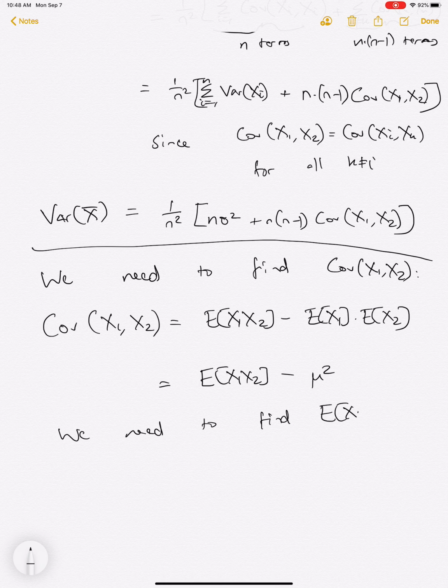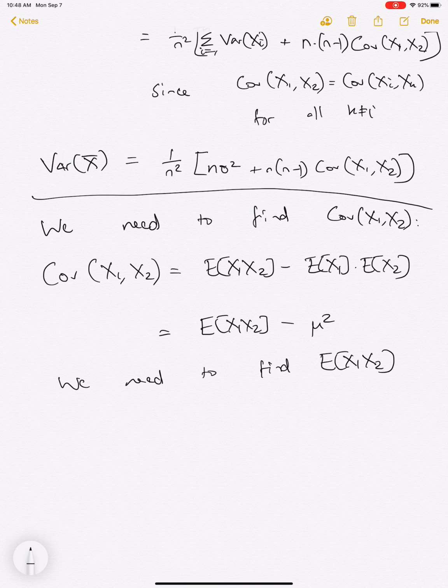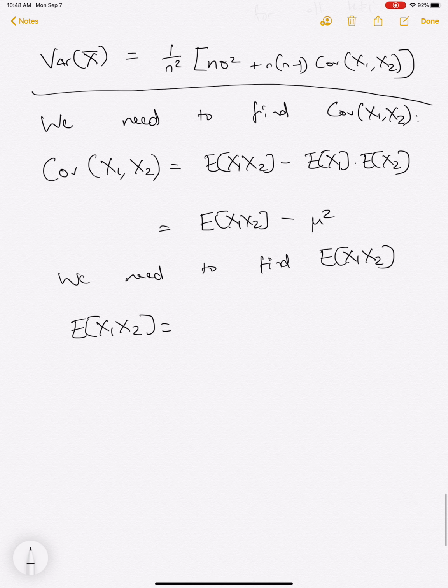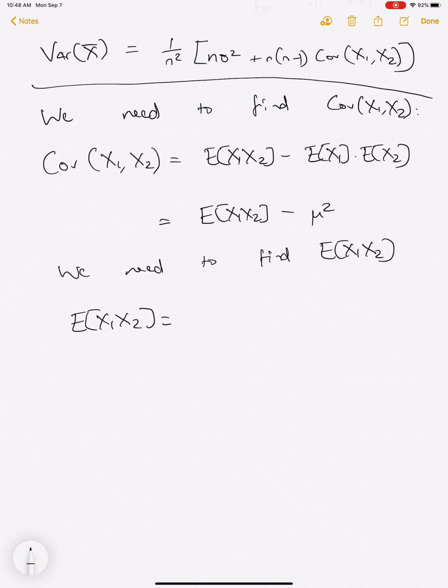So we need to find the expectation of X1 times X2, and here we go back to the definition. We have discrete random variables here, because this is a calculation in the population, since X1 and X2 are drawn from this population.